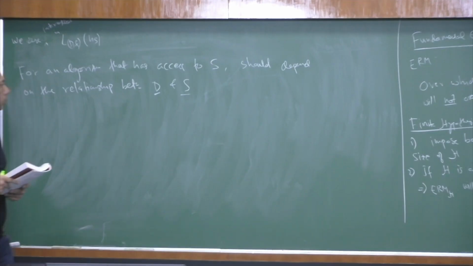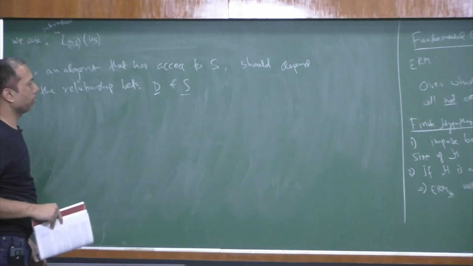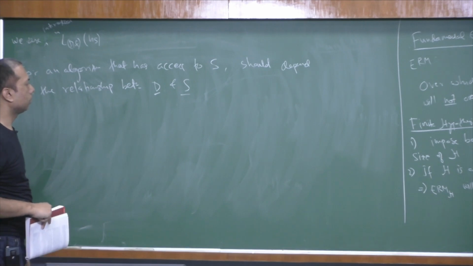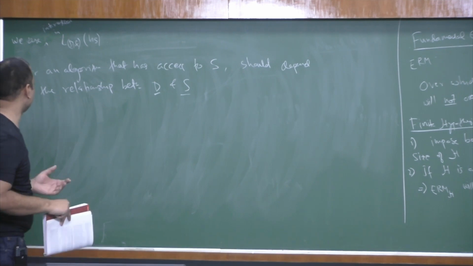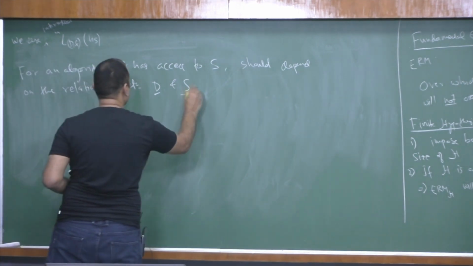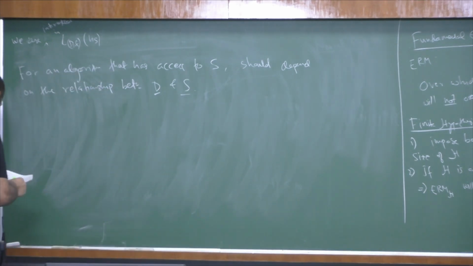That makes sense: if I choose a bad sample, no matter what I do, it's not going to work. The sample S may not be representative enough of the distribution itself.